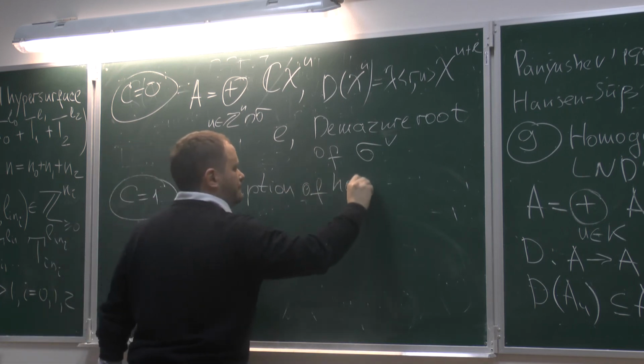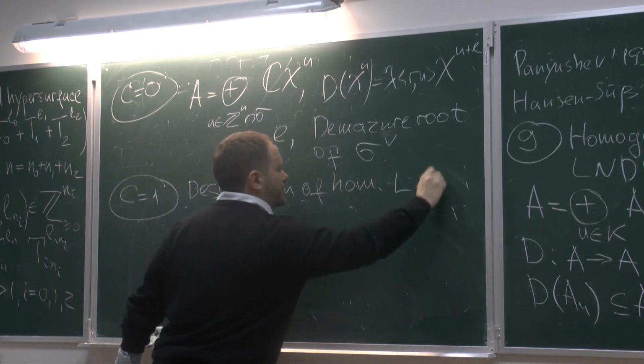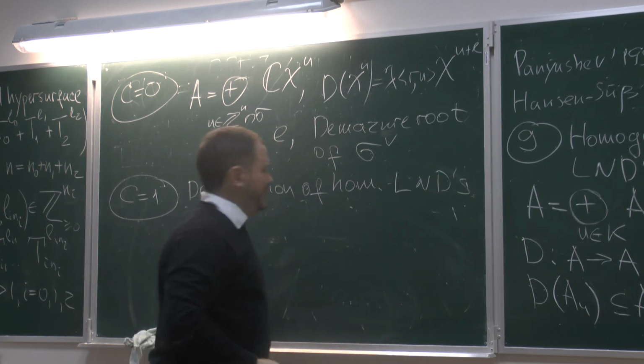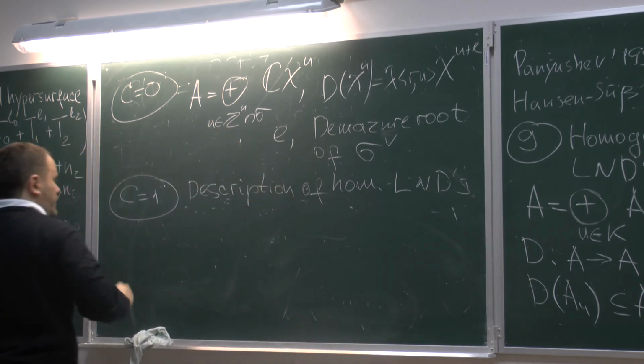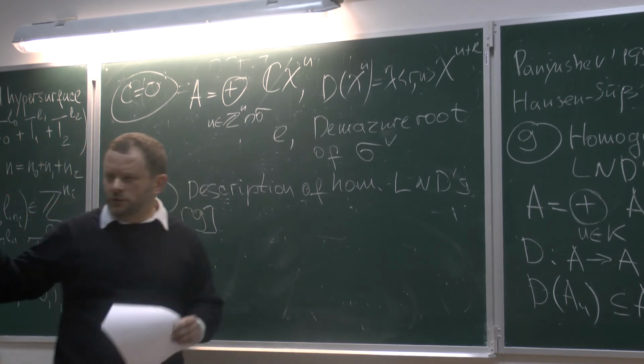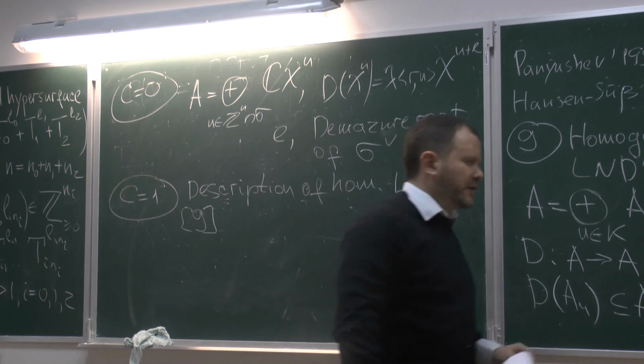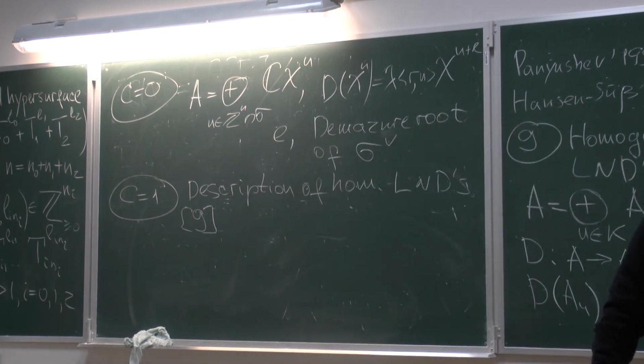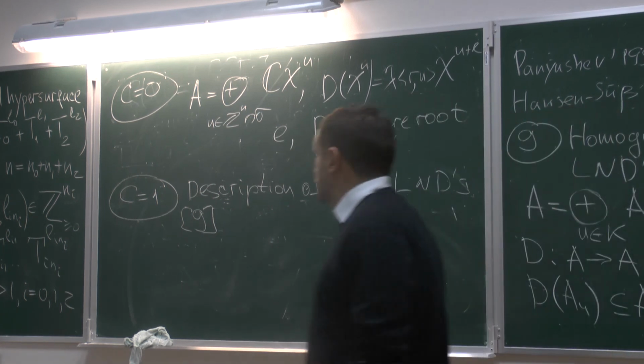And for complexity 1, we also have a description of homogeneous derivations. It was done in our paper number 9 under some primitivity condition, and now my student Yulia, who is here, and Sergey Gaifullin have a general description. I will not give it, but why is it important?